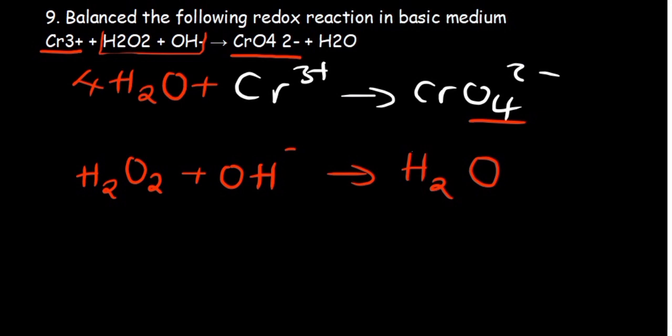Now, after balancing oxygen, you need to balance the hydrogen. On the left, we have 8 hydrogen atoms, so we add 8 of them on the right. The first half reaction is balanced. We have an equal number of chromium atoms, oxygen atoms, and hydrogen atoms.